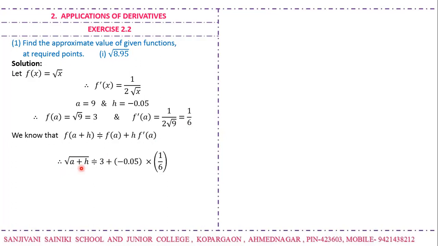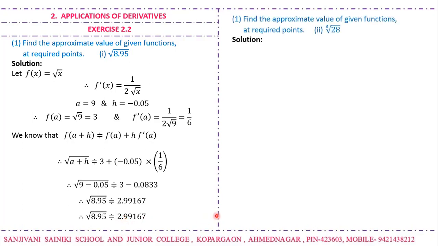Therefore, root of a plus h is approximately equal to 3 plus minus 0.05 into 1 by 6. Therefore, root of 9 minus 0.05 is approximately equal to 3 minus 0.0833. So square root of 8.95 comes out to be 2.99167.